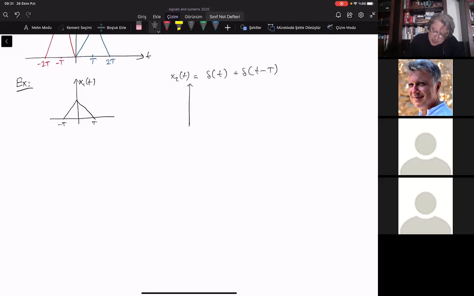So the impulses are at 0, a unit impulse at 0, and another unit impulse at capital T. These two. So I will do the same.